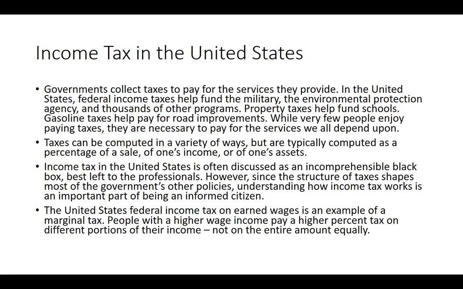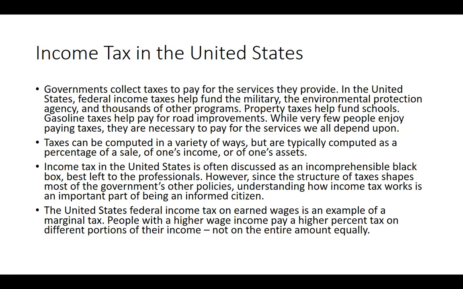The United States federal income tax on earned wages is an example of a marginal tax. People with a higher wage income pay a higher percent tax on different portions of their income, not on the entire amount equally.